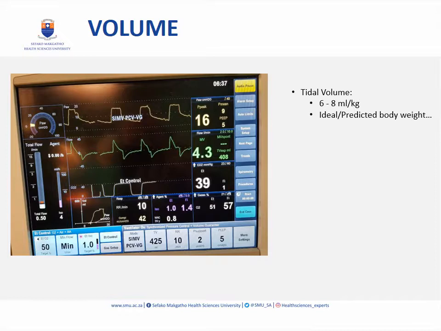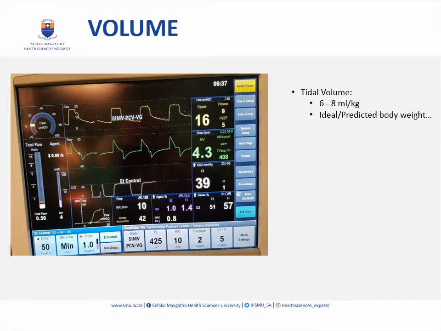So that means that you don't overventilate an obese patient, for example. If you gain weight, you don't also gain lung tissue, you're just gaining weight. Your lungs stay the same size. So you don't want to ventilate at double the lung size for somebody who's double their expected weight, because then you're going to give them barotrauma.